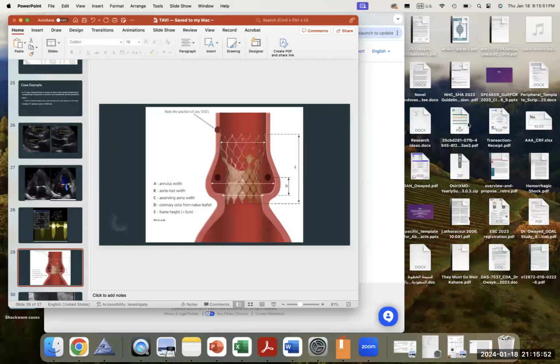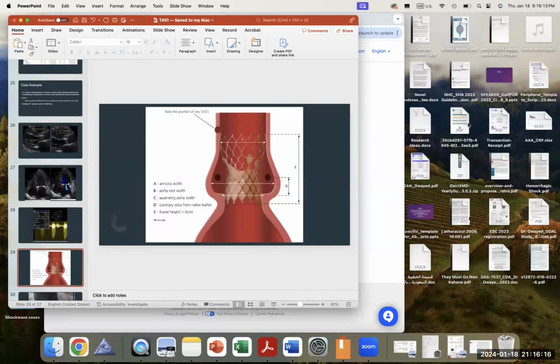For the exam, we have to answer based on which guidelines. Now, there are no Saudi guidelines yet, but they are in press. For me, I will go with the European and American guidelines, which are the same: a severe aortic stenosis patient more than 75 should go for TAVI.